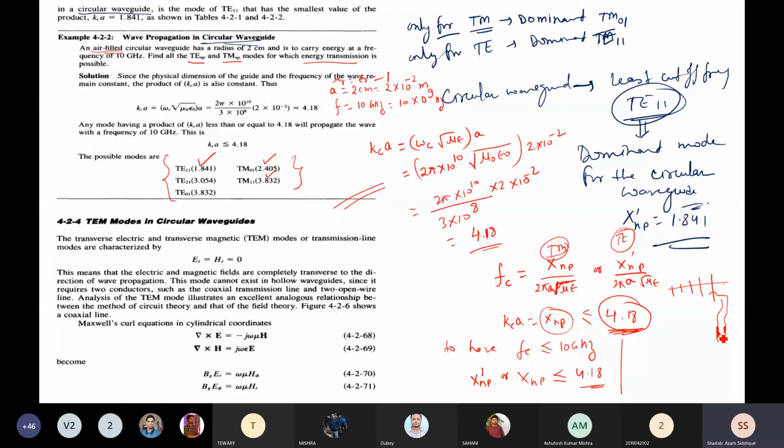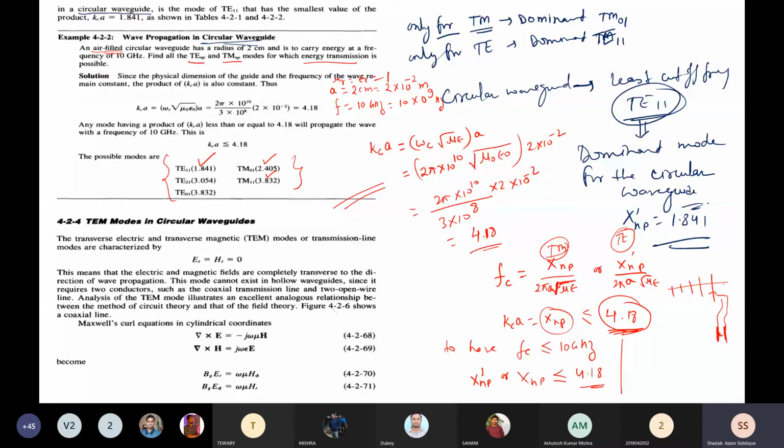That is called a two-wire parallel line, or two open wire line. And the coaxial transmission line is used nowadays for the parabolic dish antenna, which we use for DTH, direct to home connection. So in coaxial cable and two open wire line or two-wire parallel line, we use TEM mode. So the transmission takes place in TEM mode.